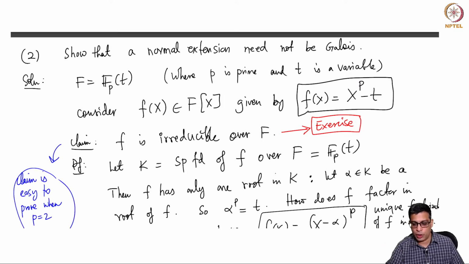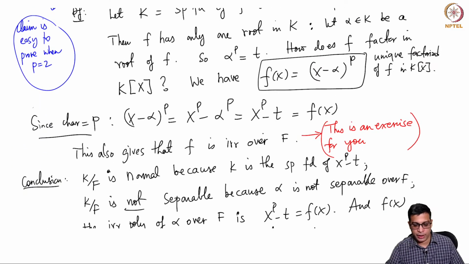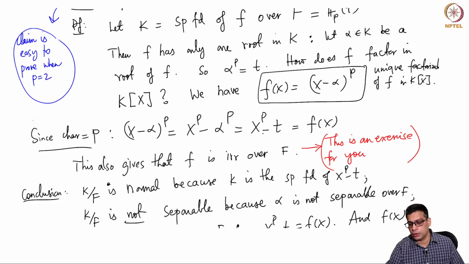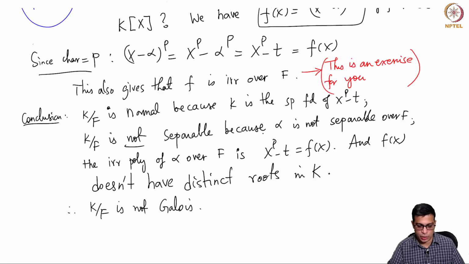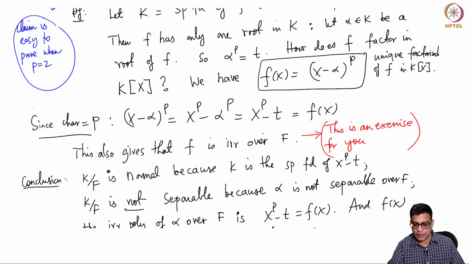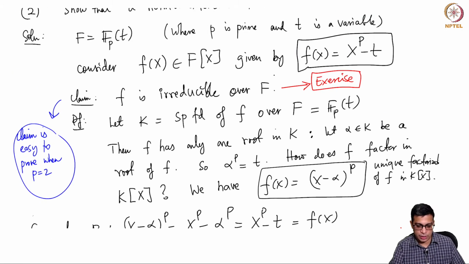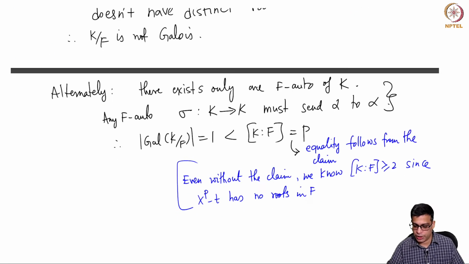So you do have a normal extension that's not Galois, by taking characteristic 2, but in general you can also do this, and without proving the claim we have shown that it's a normal extension and it's not a Galois extension. But it's still nice to prove this claim and complete the picture and conclude that this is an equality, the degree is actually p. Okay, that I'll leave for you to do.